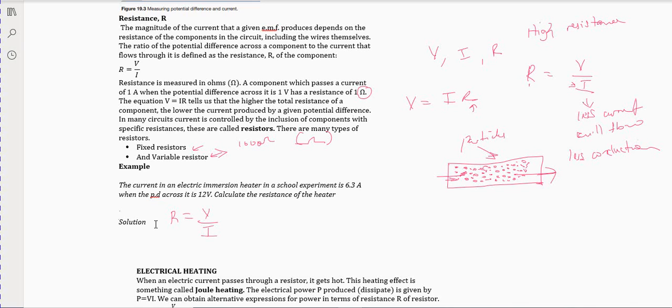We know the potential difference across the heater is 12 volts. Divide that by the current, which is 6.3 amps.